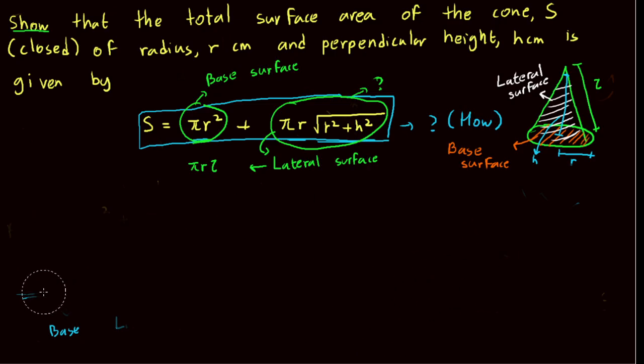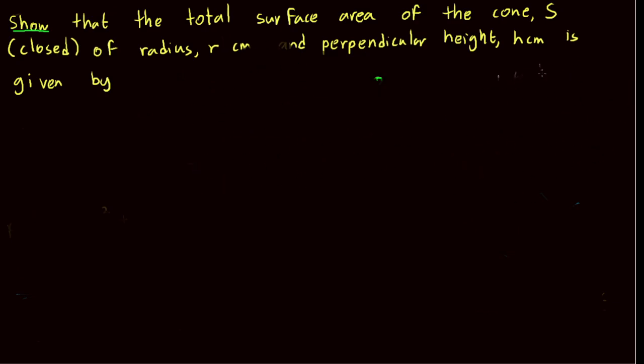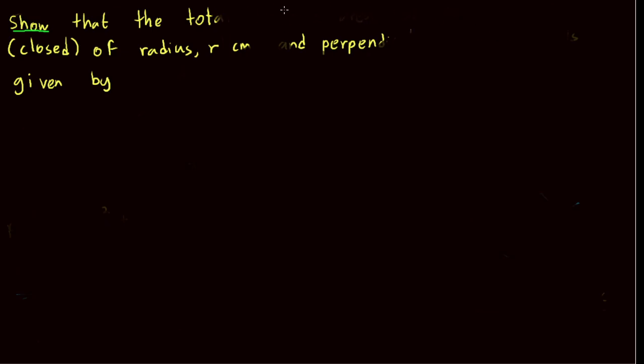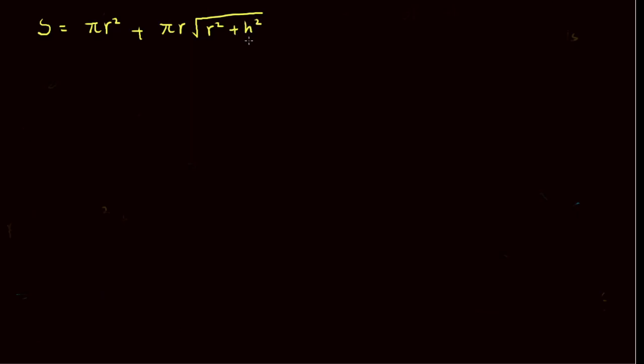If I'm not mistaken, in the second part of the question, they wanted us to find del S del T. We already know that S is equal to pi r square plus pi r square root r square plus h square.